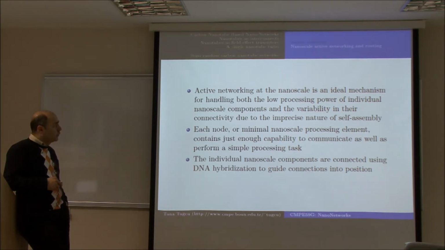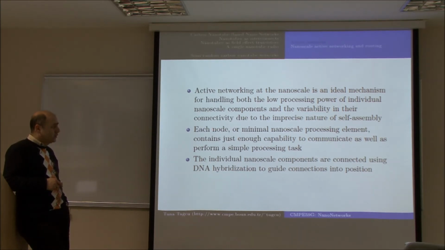So active networking at the nanoscale is an ideal mechanism for handling both the low processing power of these nanomachines and the variability in their connectivity due to the imprecise nature of this self-assembly, especially when they're randomly deployed.